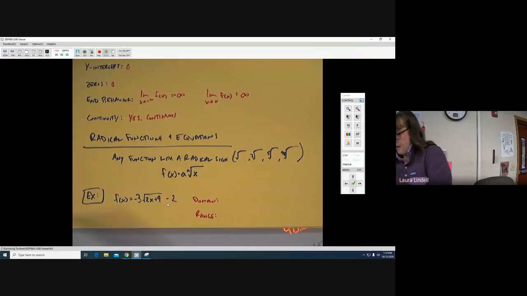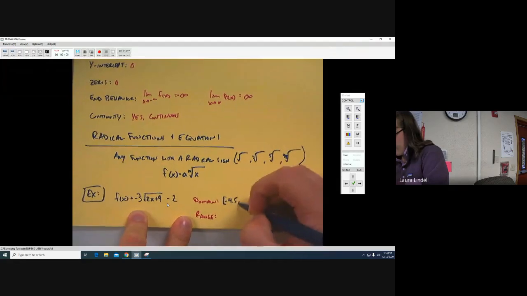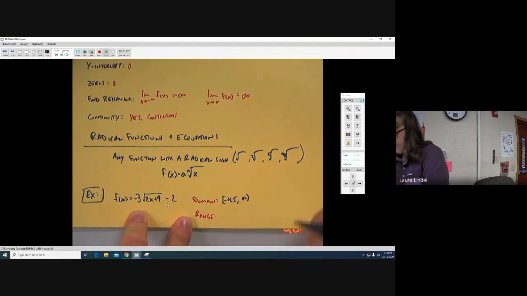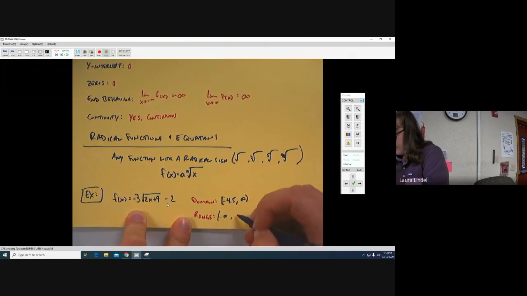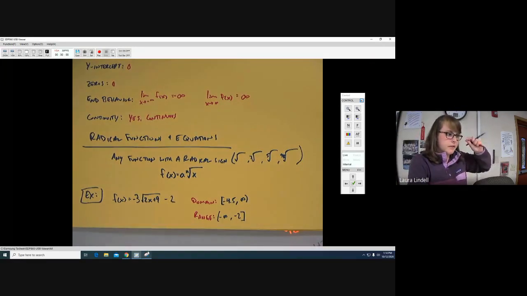So my domain, -4.5 to infinity. And then my range, -infinity to -2. So that's where domain and range of radical functions looks a little bit different, just because it has to do with all of the things underneath the square root not being able to be negative.